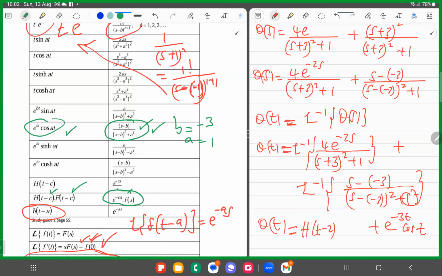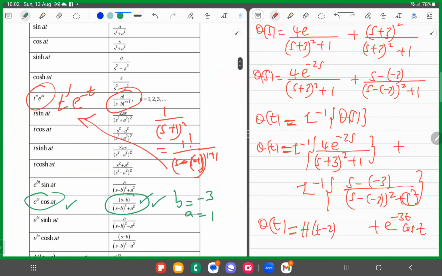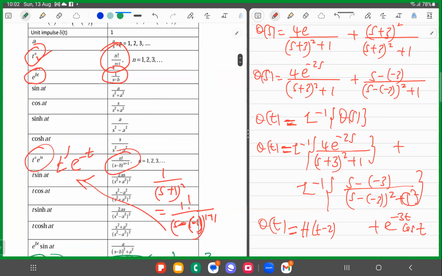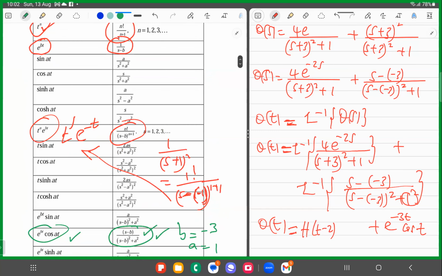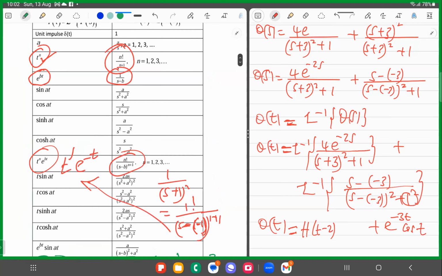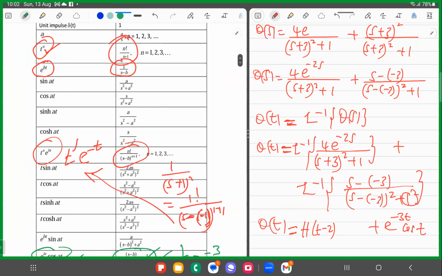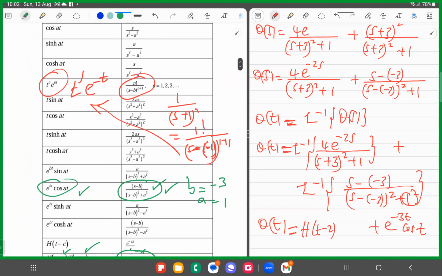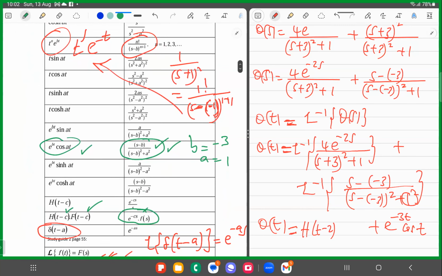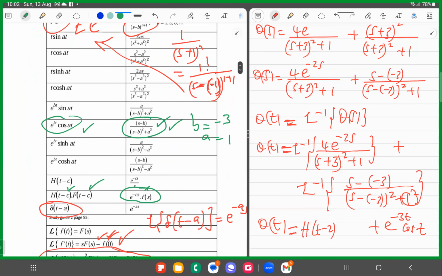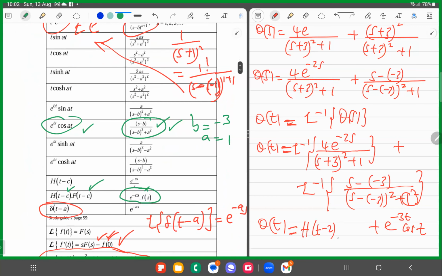And then now you have f of s, which would be the Laplace transform of the sine function, the sine of t minus 2.